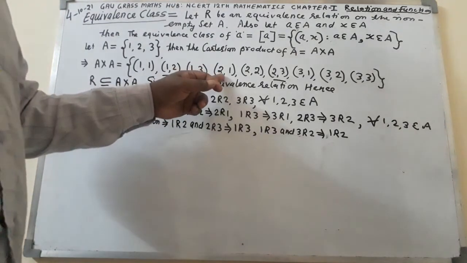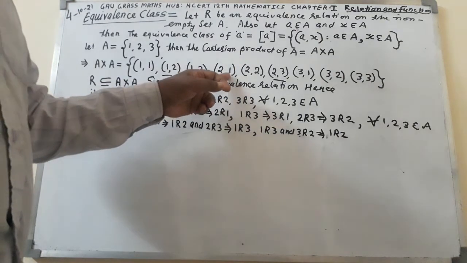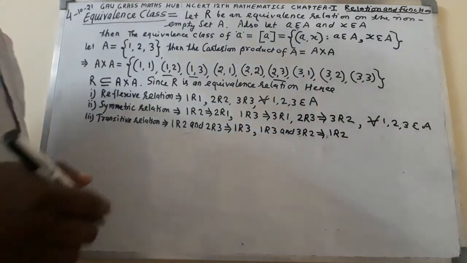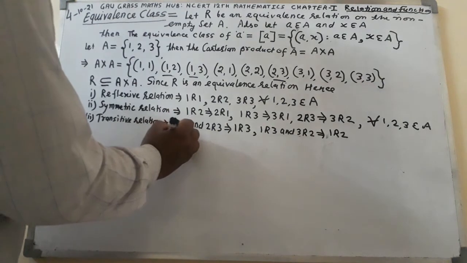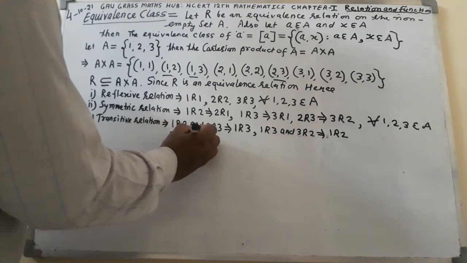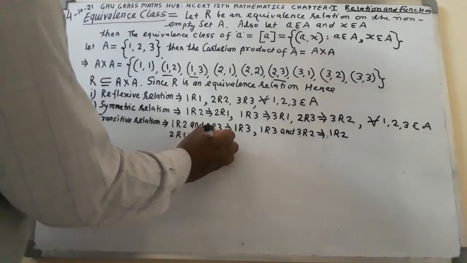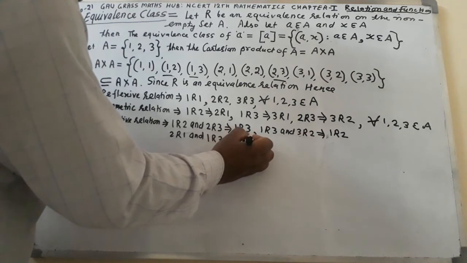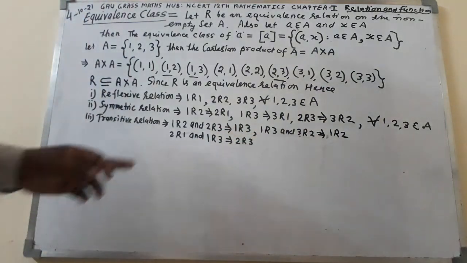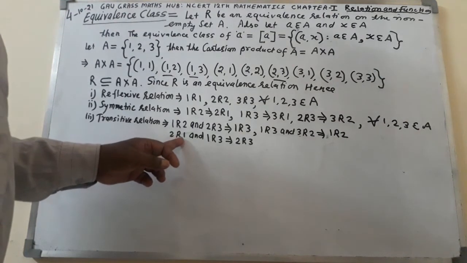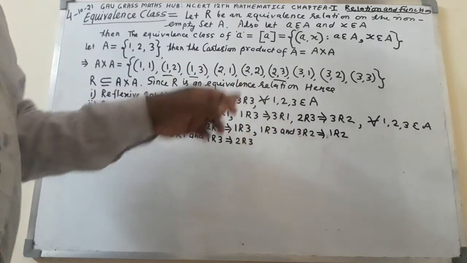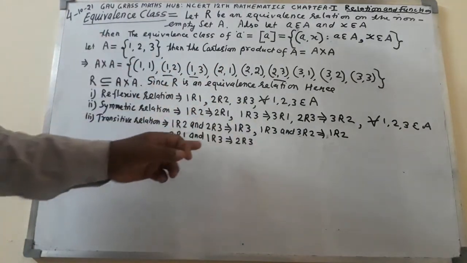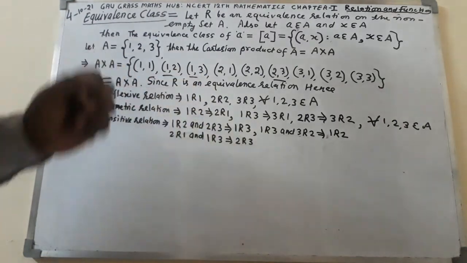Now if you take this one, 2 related to 1, 1 related to 3. If I write here 2 related to 1 and 1 related to 3, then 2 related to 3 must be there. 2 related to 1 is there in the Cartesian product, and 1 related to 3 is also there in the Cartesian product.